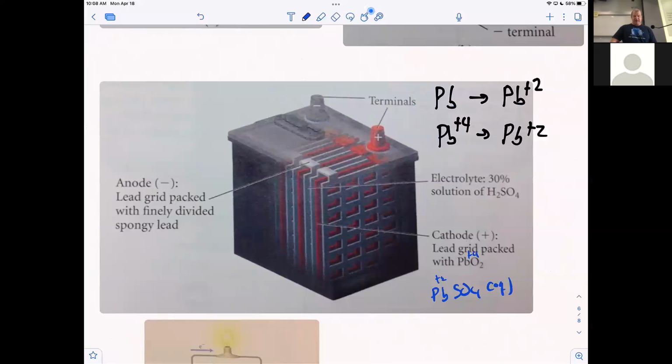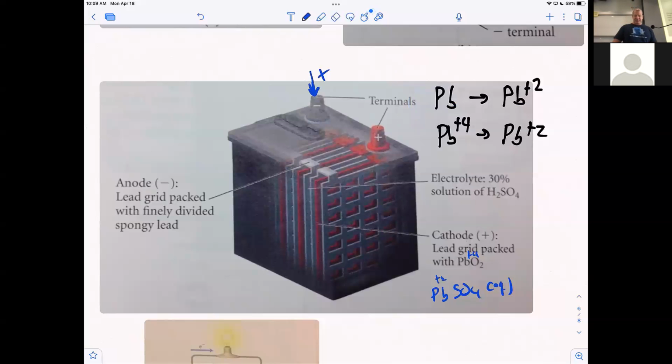What's nice about lead acid batteries is that it's really easy to recharge. If you turn it around, if you push current on this end of the battery, it's going to recharge the battery.